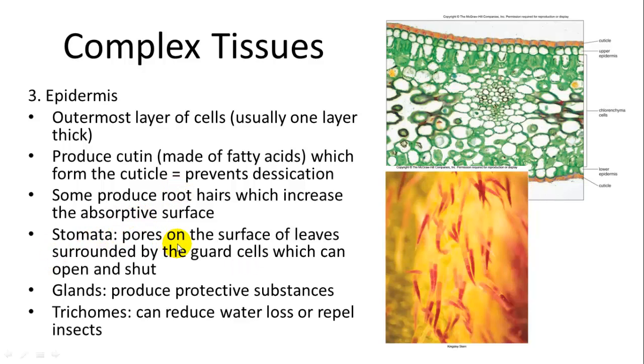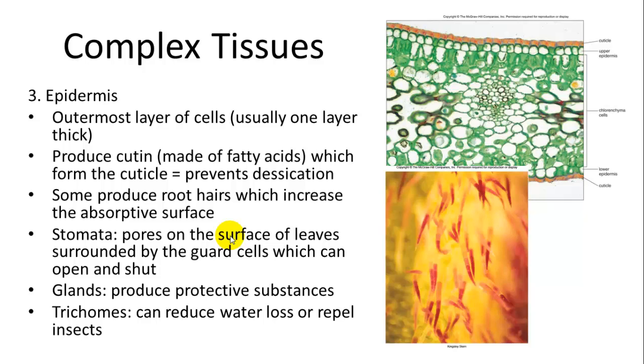Stomata are also produced by the epidermis, and these are pores on the surface of the leaves, which we have already seen under the microscope and you're doing a small experiment on. And they are surrounded by the guard cells, which can open and shut the stomata to allow carbon dioxide in or to keep water from escaping.